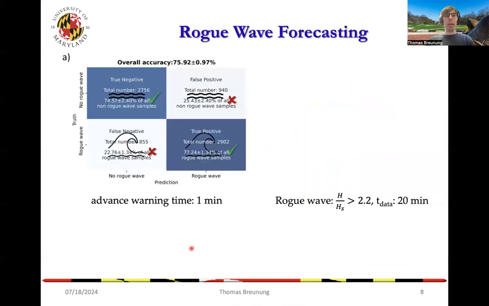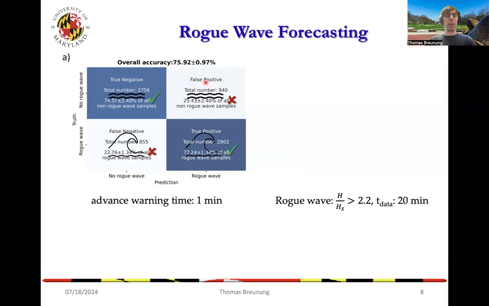Now to the results. The forecast can be either rogue wave will occur or rogue wave will not occur. Also, the truth can be rogue wave did occur and rogue wave did not occur. This yields four combinations, which are most appropriately summarized here in this confusion matrix. First of all, for example, the true negative says that in truth no rogue wave did occur, and our prediction also said no rogue wave did occur. So here we accurately predict that no rogue wave will occur.